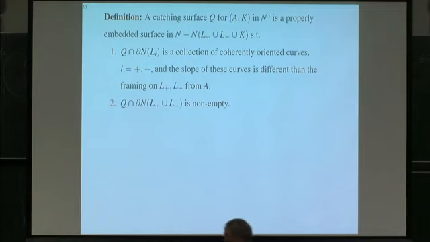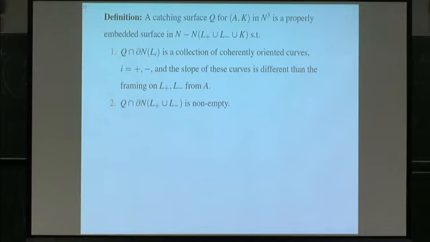And then I want to define a catching surface for an annulus pair. So a catching surface for this annulus pair in N is a properly embedded surface in the manifold N. Well, actually, it's a properly embedded surface in the exterior of the link L plus, L minus, and K, with the properties that this surface Q intersects the boundary of L plus and L minus, those are the boundaries of the annulus, in coherently oriented curves.